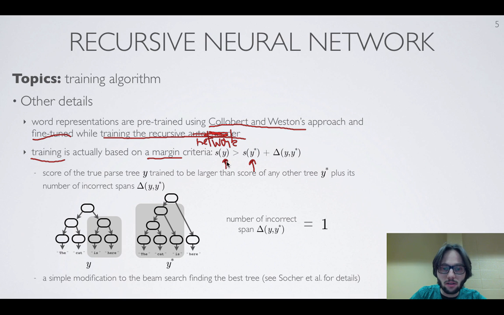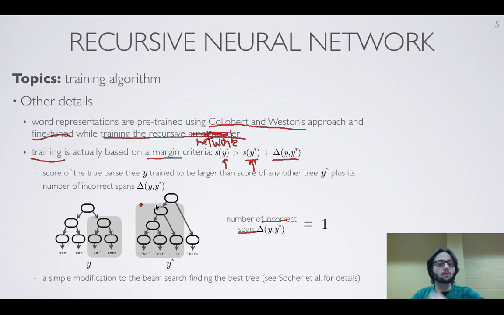They want the score of the correct parse tree to be at least some margin greater than any other parse tree, and that margin for a parse tree y star is going to be this delta y star here, which corresponds to the number of errors in predicting y star when the true tree is y. And this number of errors is the number of incorrect spans.